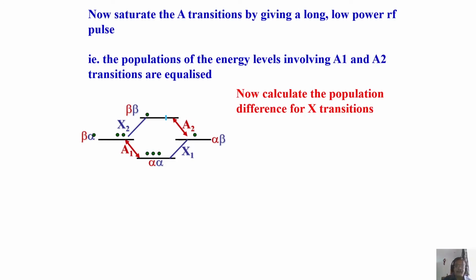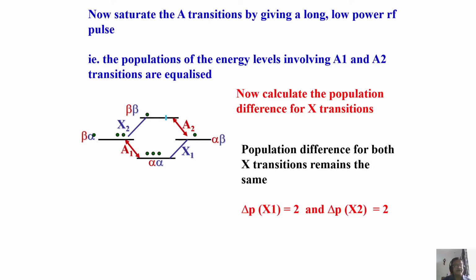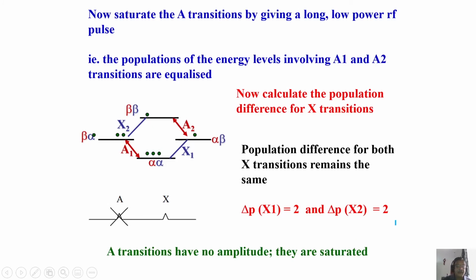Now calculate the population difference of X transitions. What happens? 3 minus 1, 2. Yes, the X transitions' intensity has not been affected at all. It remains the same. But what about the A transitions?